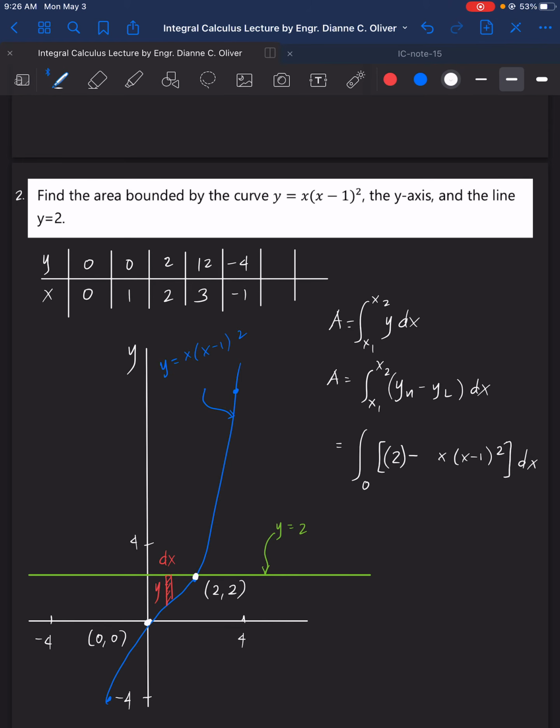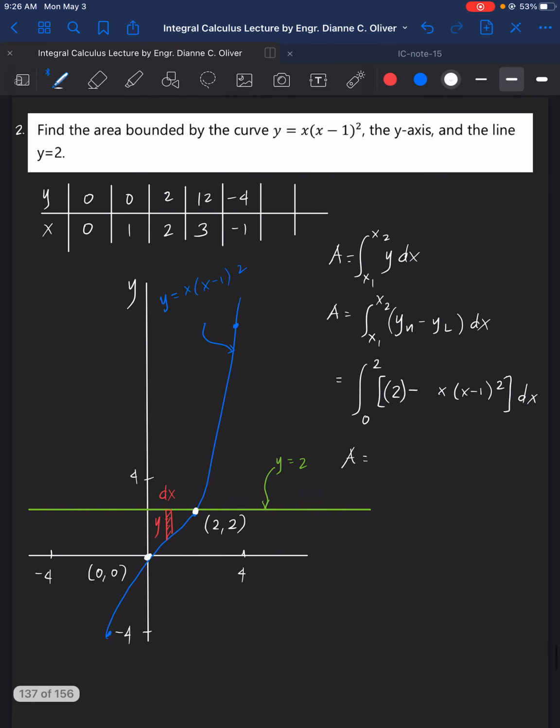The farthest to the right, that is 2. So area now is equal to, let's use our calculator.